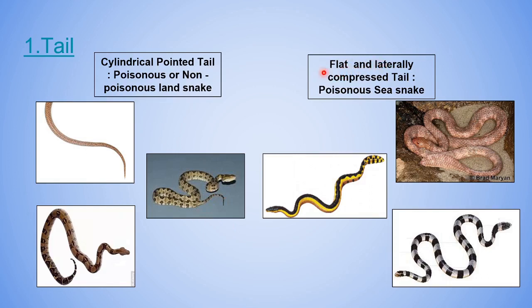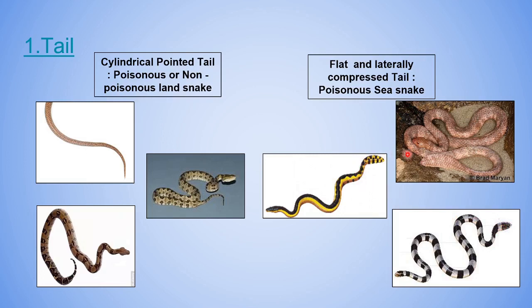Coming to the other one, which is a flat and laterally compressed tail, it is a poisonous sea snake. You can see here it is flat and laterally compressed. Most sea snakes have such a type of tail, which is flat and laterally compressed.